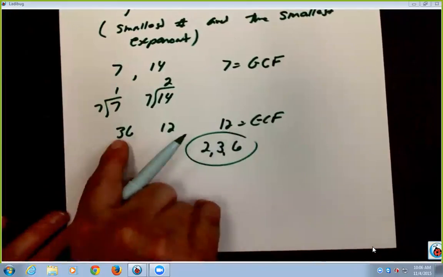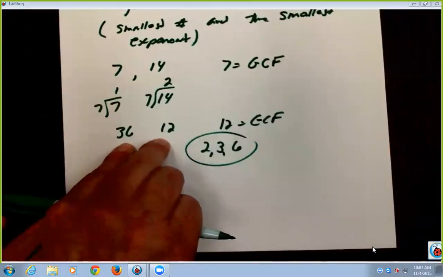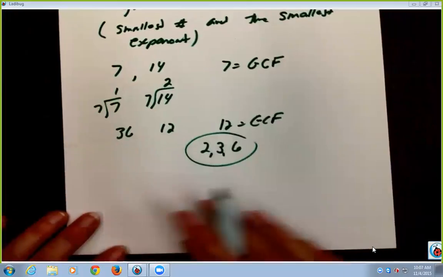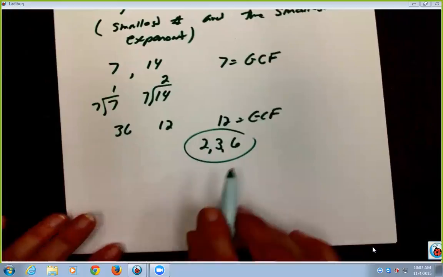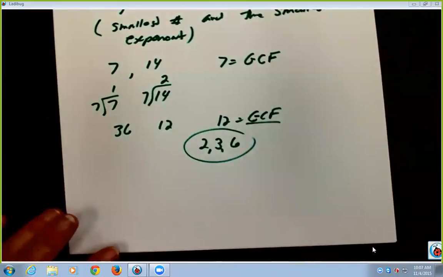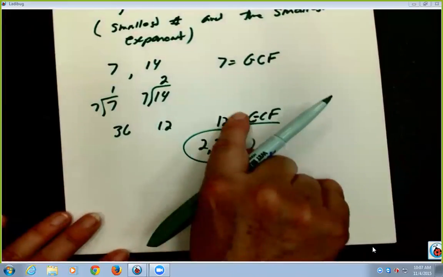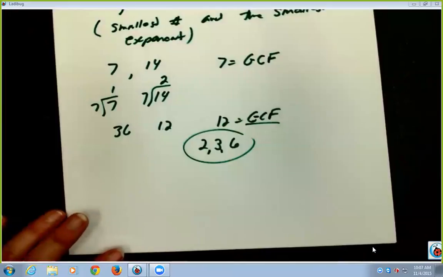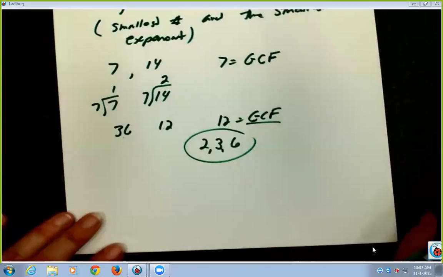Well, really, I should rephrase that. Maybe I should say, what's the largest number that would go into those? It goes into 36 and into 12, so the largest number that would go into those would be 12. But it's usually smaller than the 2 numbers that you have, so be careful with that part.